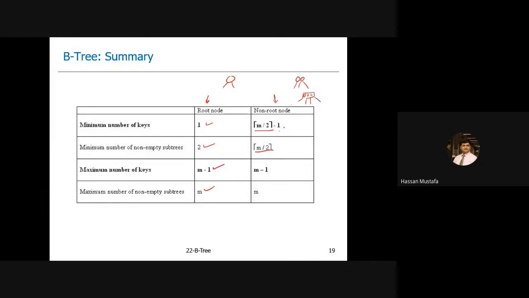This is the condition for the minimum number of keys in a non-root node. For the maximum number of keys, the conditions are the same for every node: in an M-way tree, it should have m children and m minus 1 keys. So that's a summary of the number of keys and children in a node.